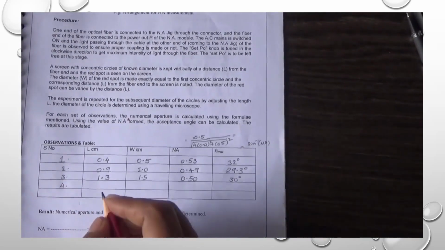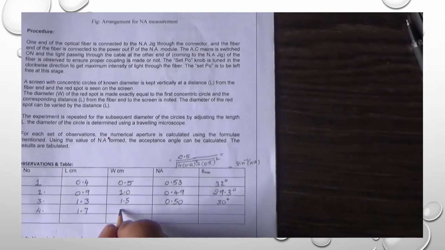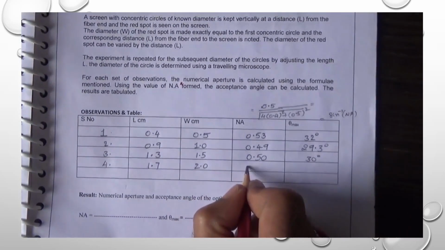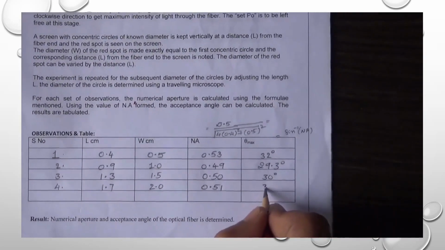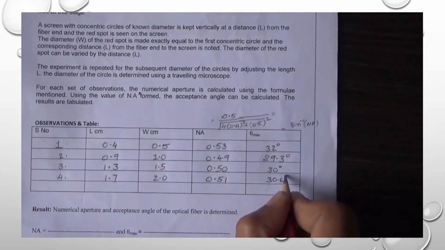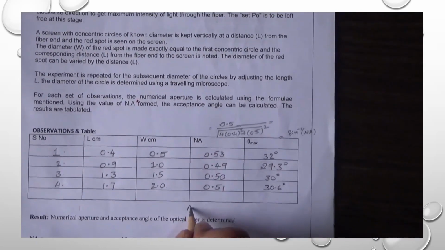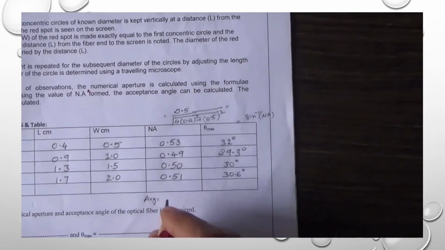For the next concentric circle, length L is 1.7 centimeters, whose width is 2 centimeters. Its numerical aperture is 0.51 and corresponding acceptance angle is 30.6 degrees. If we find the average of all numerical aperture values, we get 0.51.